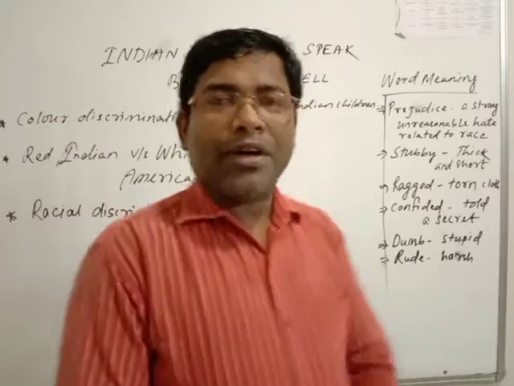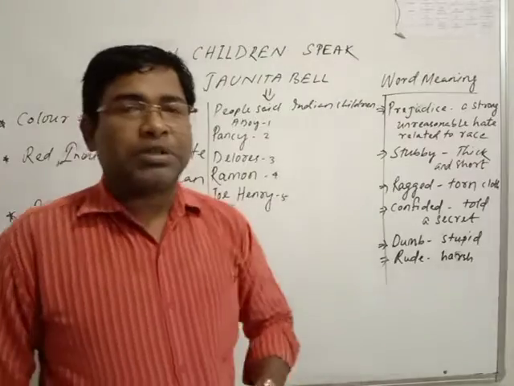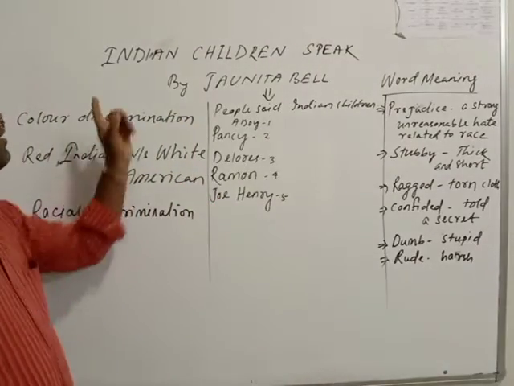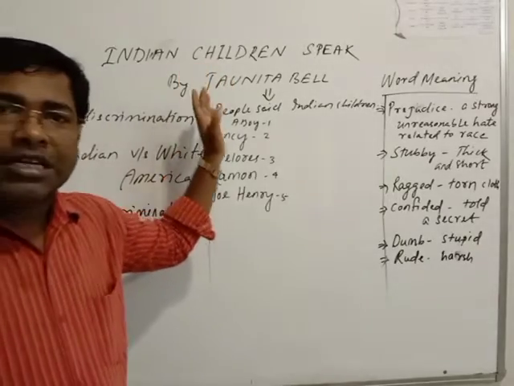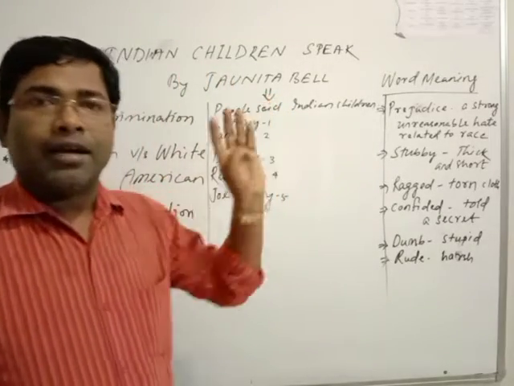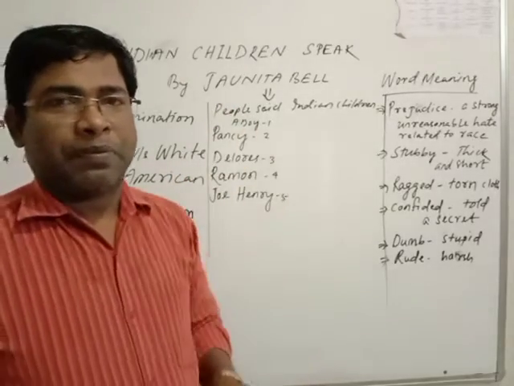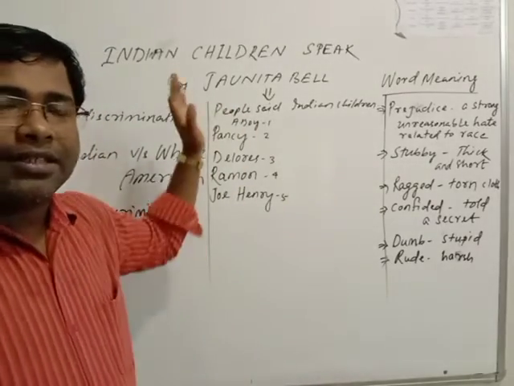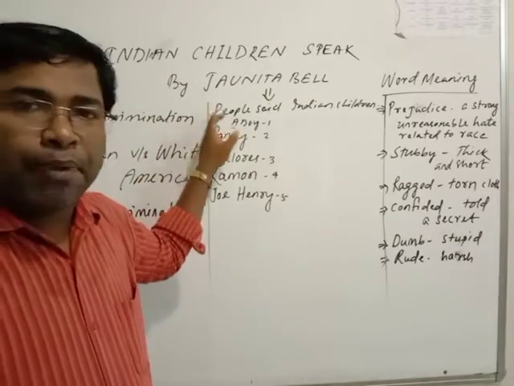That's why I have written the title of this poem on the board before starting this class. Indian Children Speak. You must have the books. Book 2. The first poem of book 2 is Indian Children Speak.